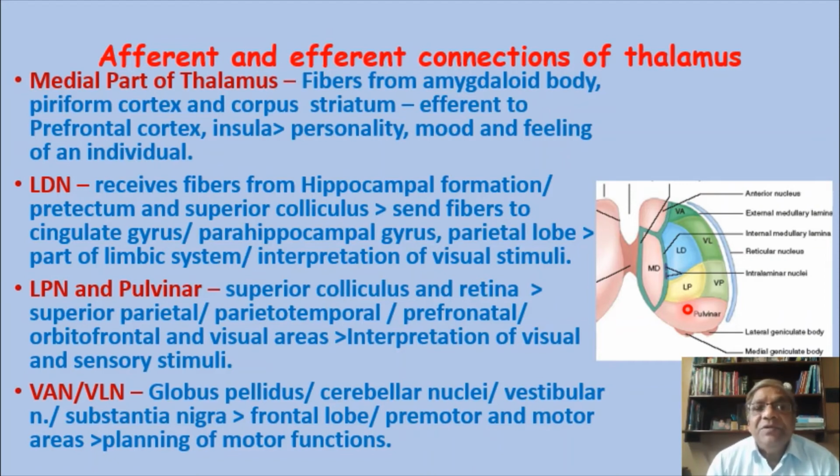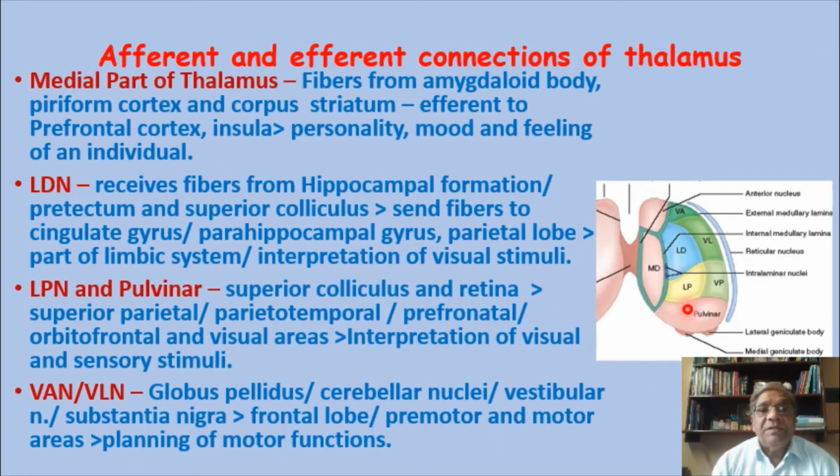And after relaying, these fibers go to the superior parietal lobule, the parieto-temporal lobule, part of the cerebral cortex, the prefrontal cortex, the orbitofrontal cortex, and visual areas 17, 18, and 19. So it projects onto a large part of the cerebral hemisphere.